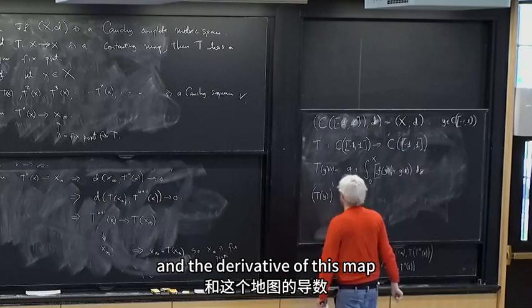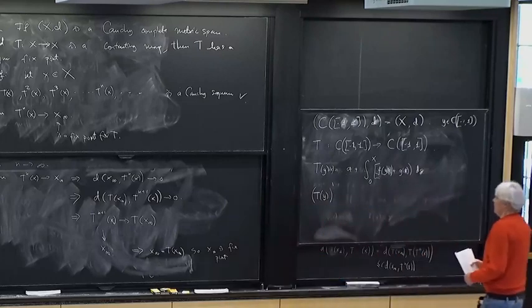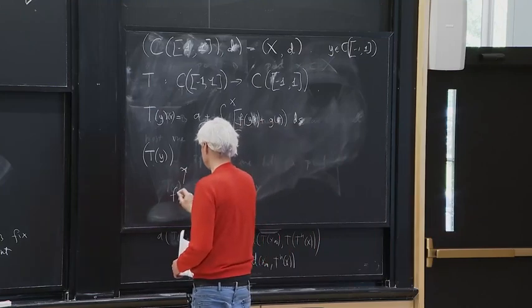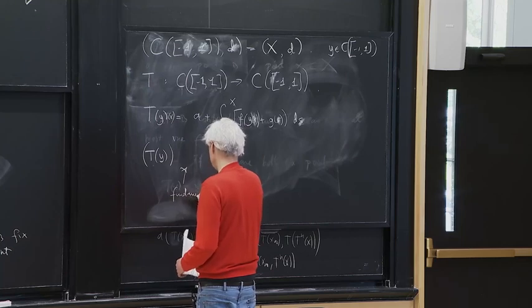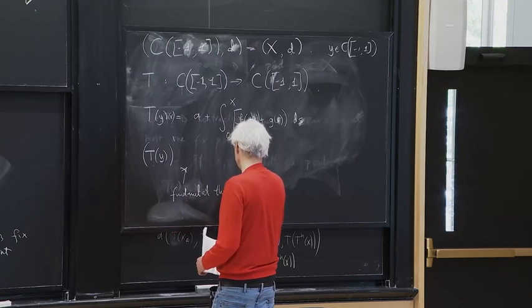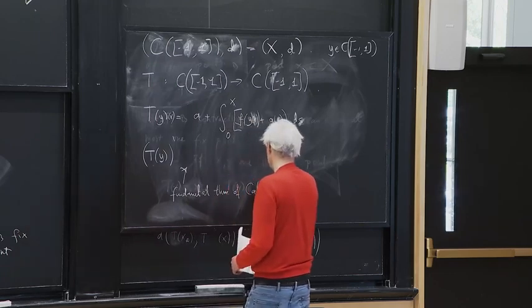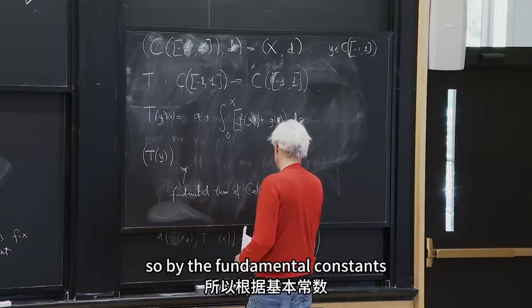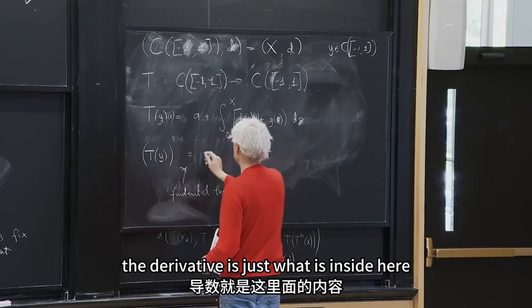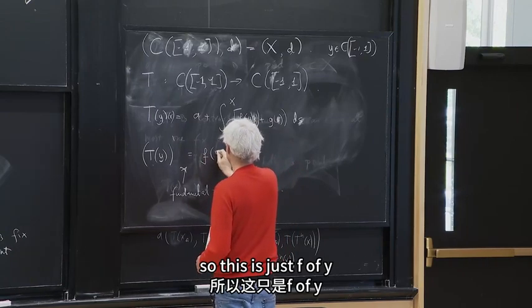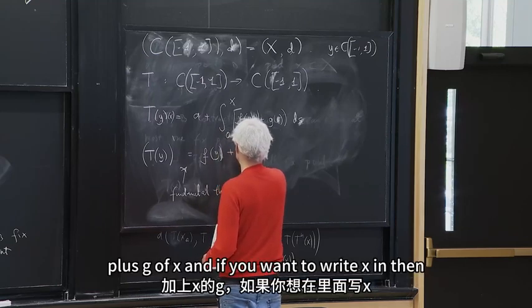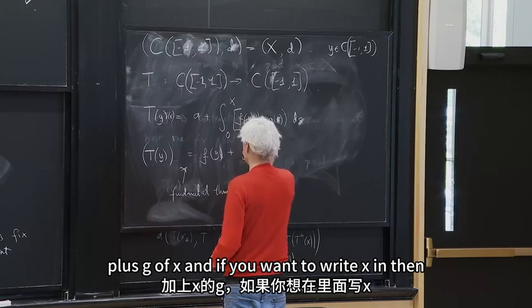And the derivative of this map, by the fundamental theorem of calculus, is just what is inside here. So this is just f of y plus g of x. Right?